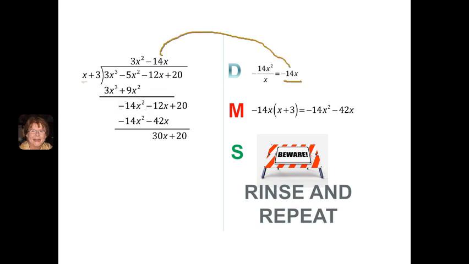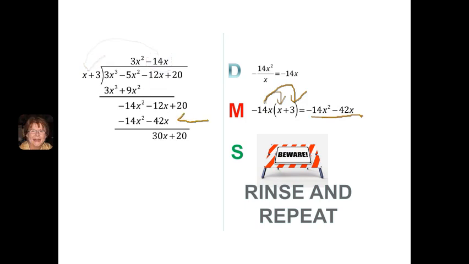I place that in my result. I'm then going to multiply DMS, division, multiplication. Negative 14x, that latest result, I multiply by the divisor. Negative 14x times x is negative 14x squared, and negative 14x times 3 is negative 42.